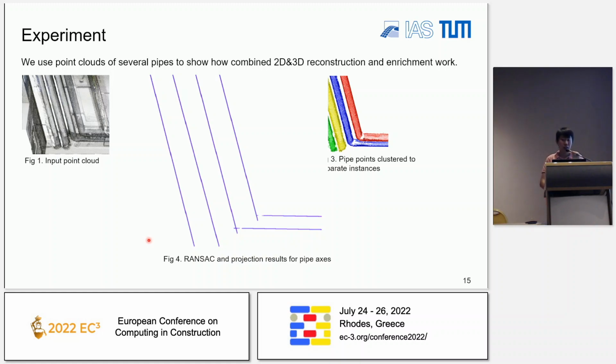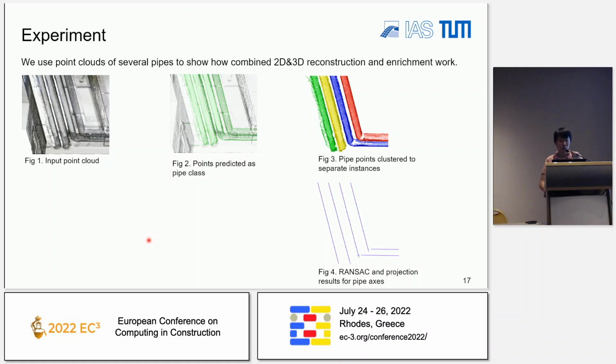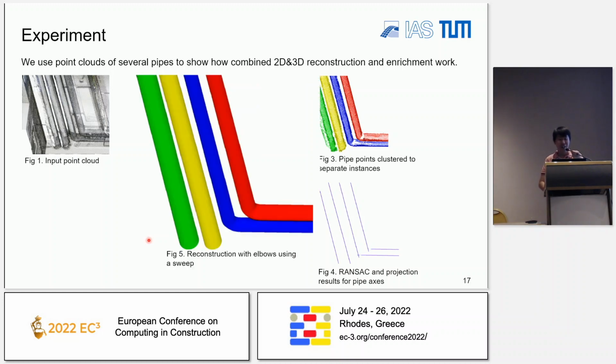The starting and ending points of the cylinders are found by projecting points to the axis. Then we reconstruct the cylinders in FreeCAD. For elbows, we use the swept function provided in FreeCAD.